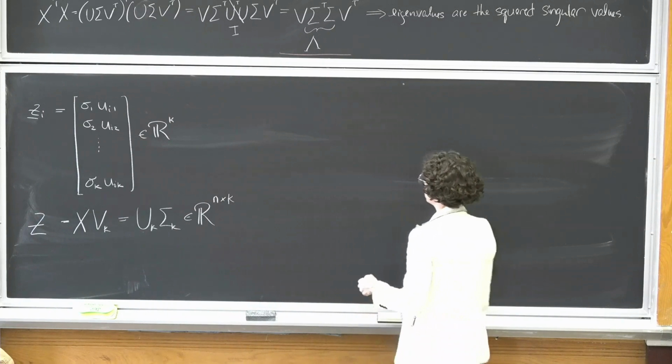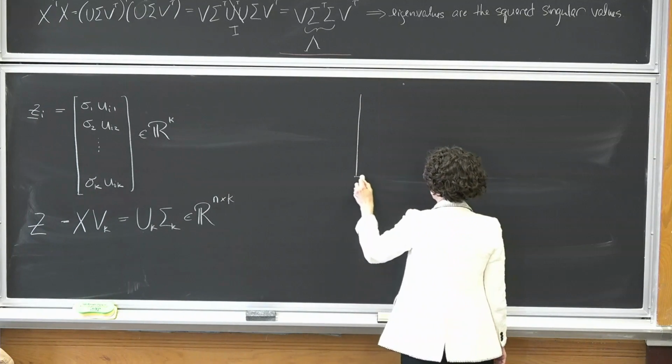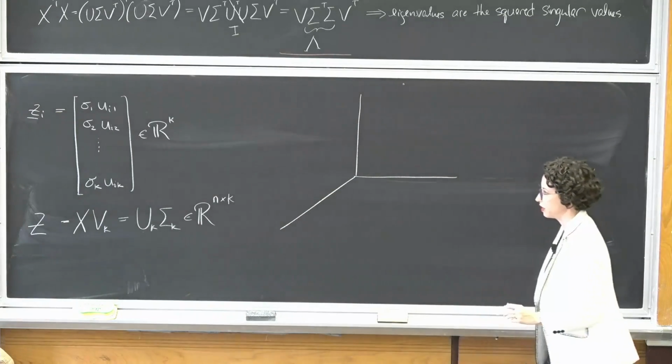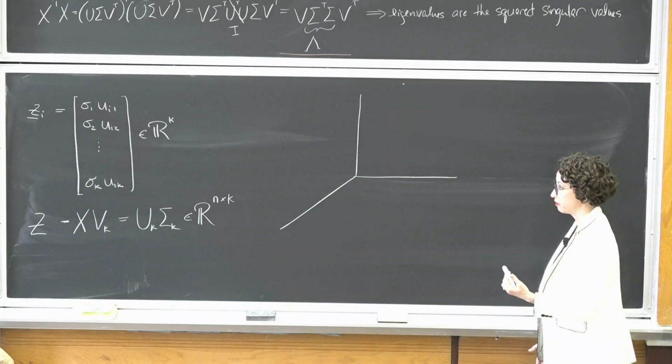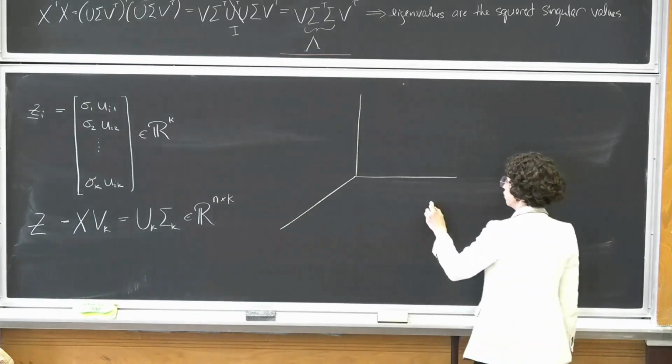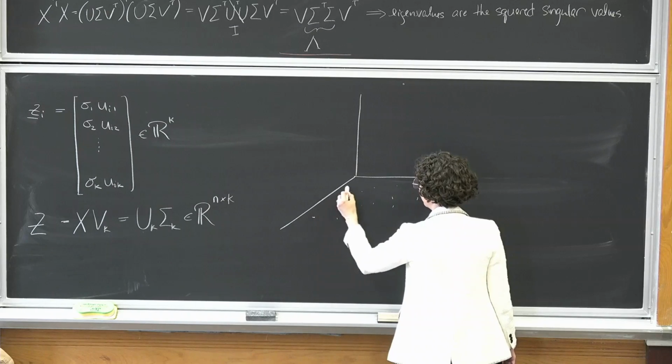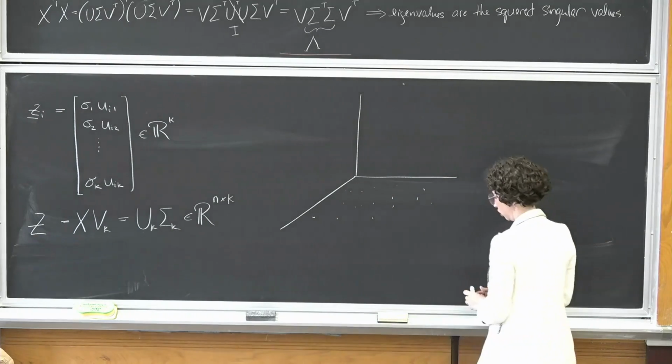Let's just look very quickly at another geometric example. It's a little harder to draw in 3D. The written notes online will have a 3D example. But let's imagine that all of my points are not exactly in the 2D plane, but they're close.